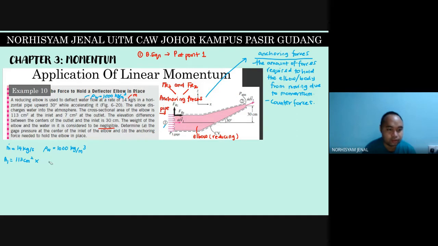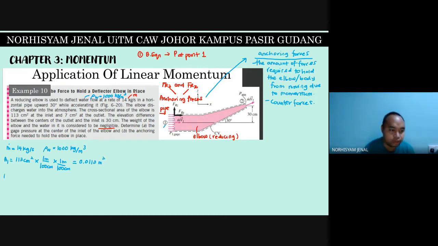Okay. If you don't want to get confused, you just have to do it this way. 1 meter, 100 centimeter times 1 meter, 100 centimeter. So 113. So you get the answer to be 0.0113 meter square.